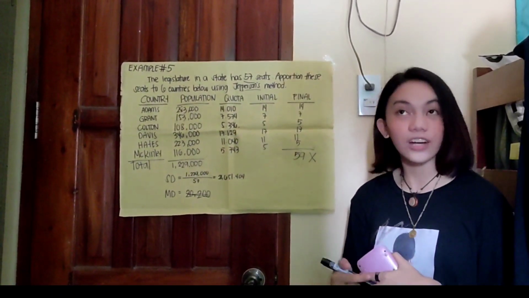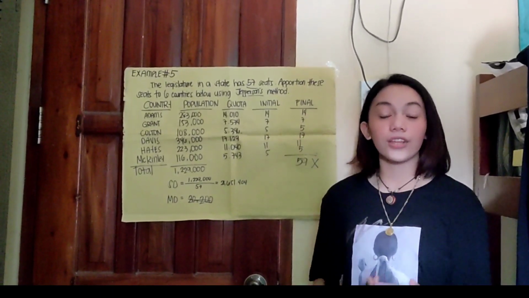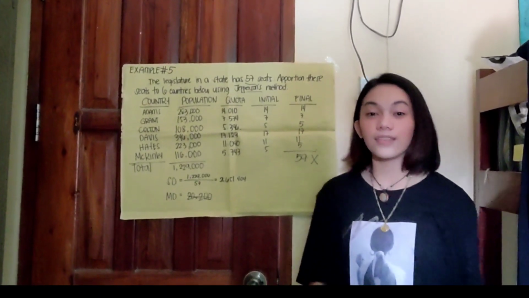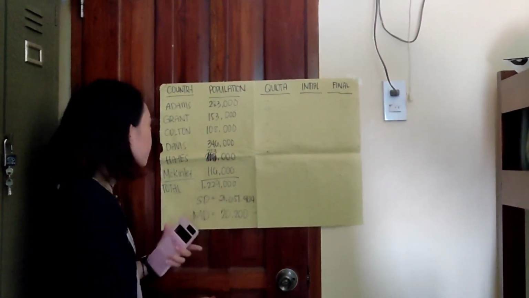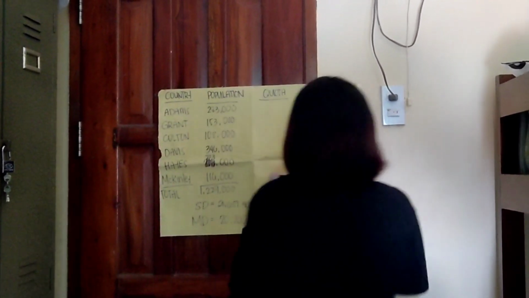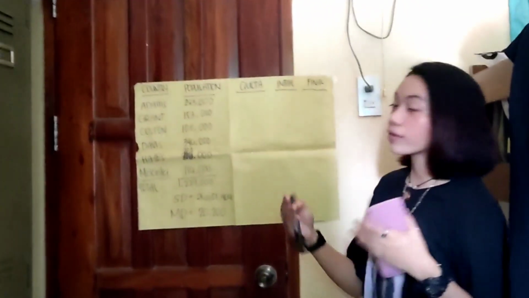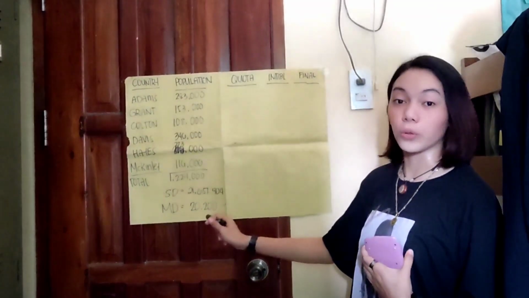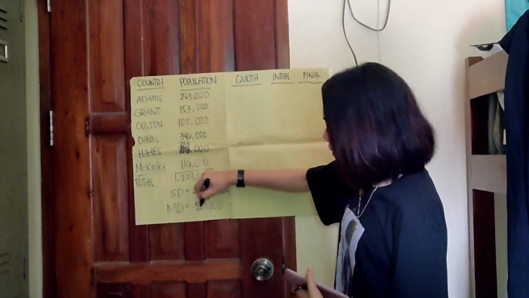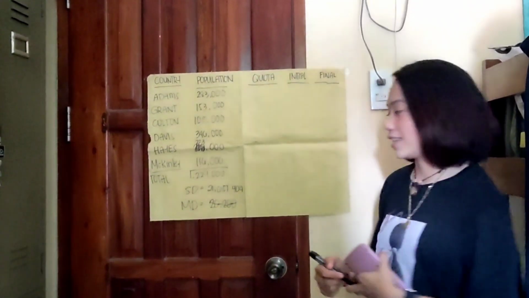So let's think of another number to get our modified standard divisor. Let's proceed to another example. Here's another example. Let's say this is our country, population, and all of this in the table. In the previous example, our modified divisor is 20,200. This is not right, because the result of the final is 59.